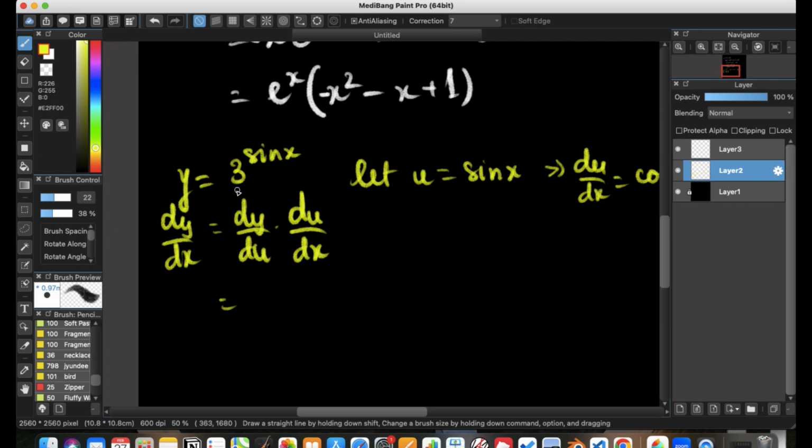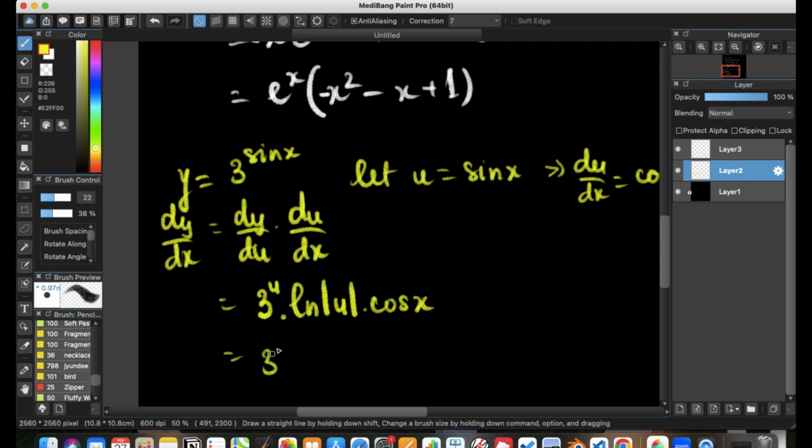And dy over du would be, first we're going to take 3 to the power of u, right? And now we have to multiply with this, and next we're going to multiply with du over dx, and that would be cosine x.